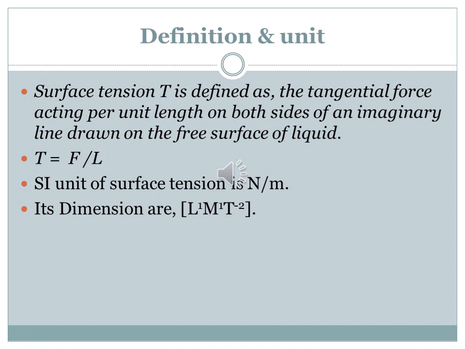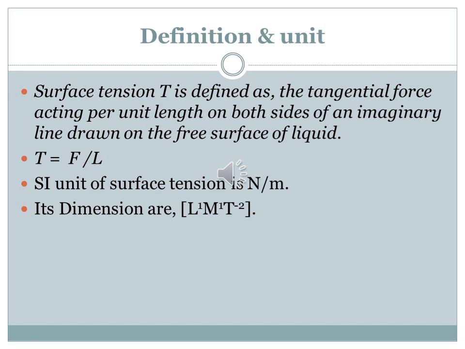I am repeating: surface tension T is defined as the tangential force acting per unit length on both sides of an imaginary line drawn on the free surface of the liquid.